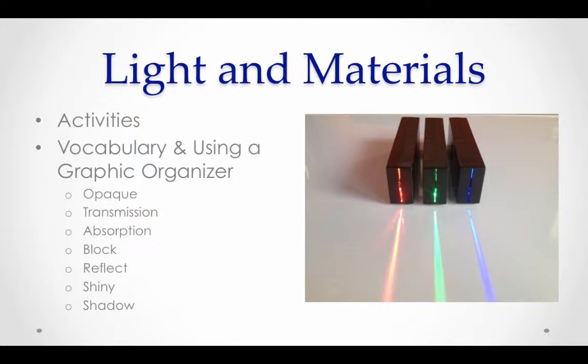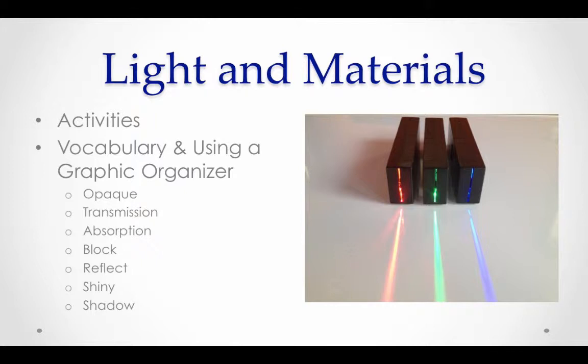We're going to go just a little bit deeper into reflection in the setup for the full activity about reflection. We can talk about the word shiny, shadow. There's going to be a bunch of vocabulary here. And so after we look at the activities, we'll take a look at a tool called a graphic organizer that is a good way for introducing, elaborating on, and reinforcing the new vocabulary that we're going to introduce.